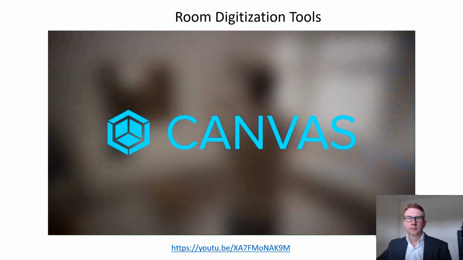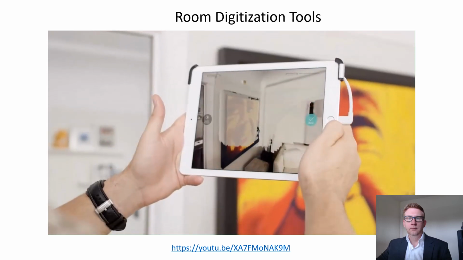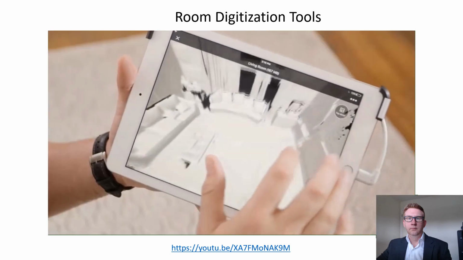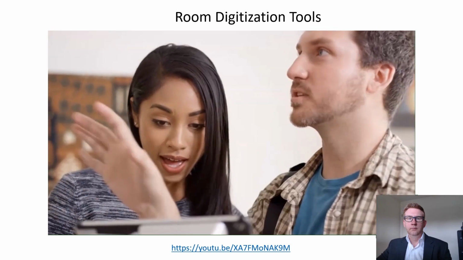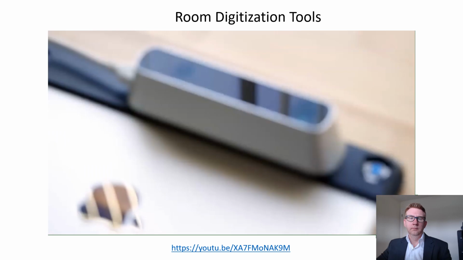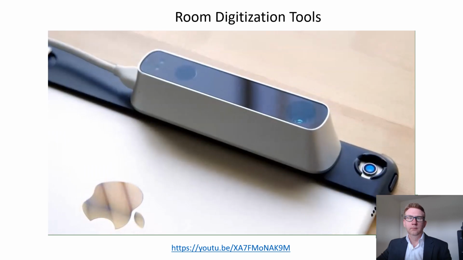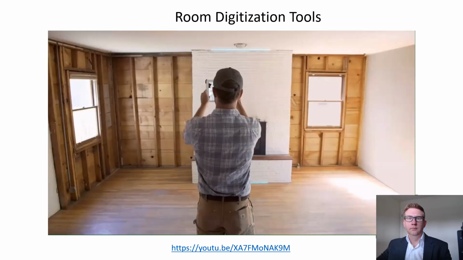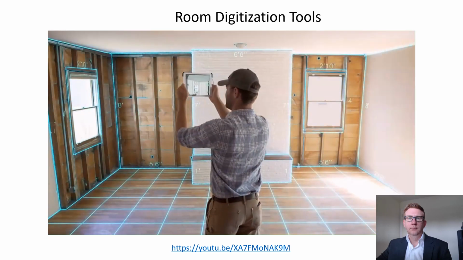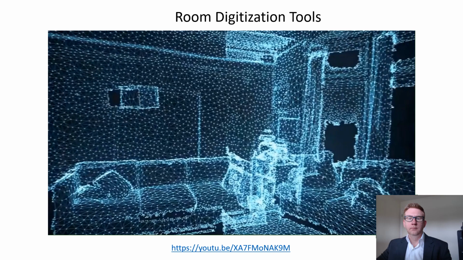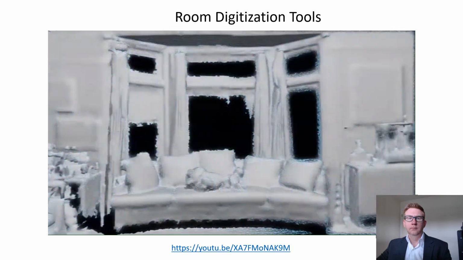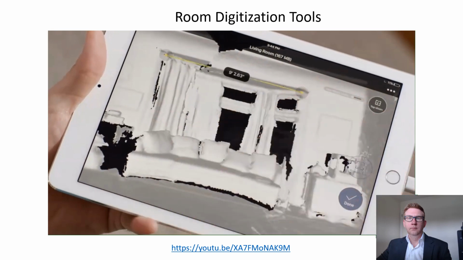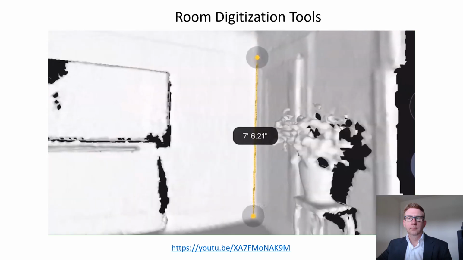Canvas is a groundbreaking new application that allows you to capture a scale-accurate 3D model of your home in minutes, all on an iPad. Here's how it works. First, attach a Structure Sensor to your iPad and launch the Canvas app. Next, start scanning. Canvas captures thousands of measurements per second and combines them into a single 3D model you can use instantly. You don't have to anticipate every measurement or view that you'll need, because with the 3D model, you'll have all of them.